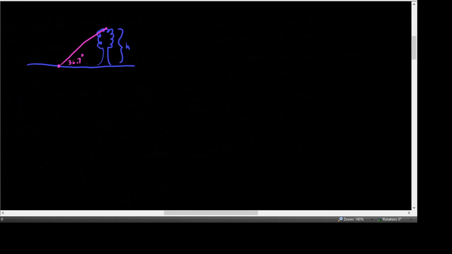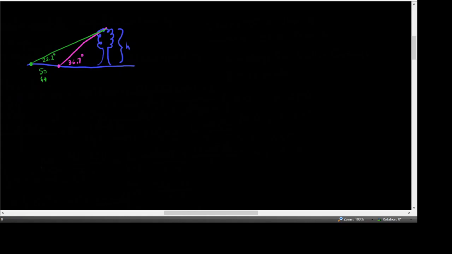And let's see, he then moves back 50 feet. So he started at the pink dot. He moves backwards 50 feet from the pink dot to get to here. And from the second point, the angle of elevation is 22.2 degrees.